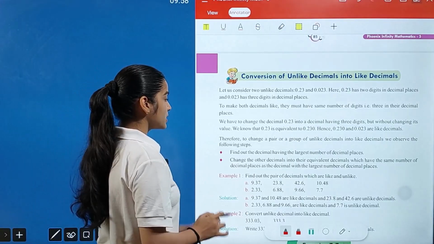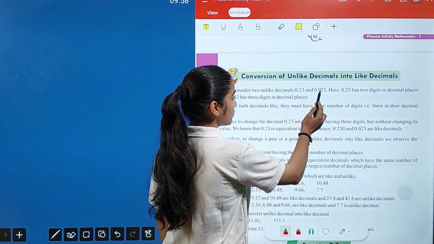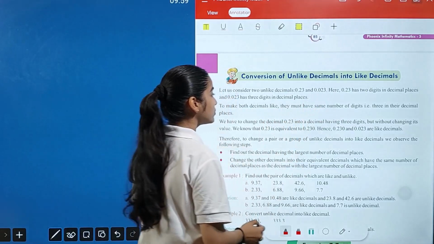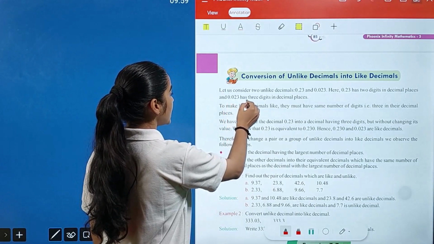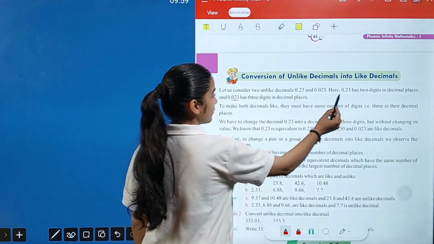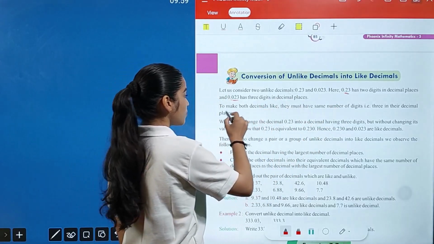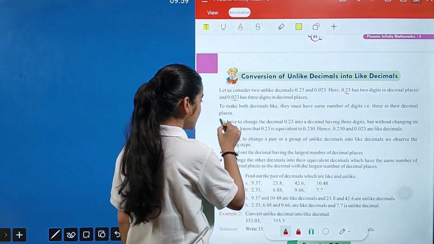This is very easy. Let us consider two unlike decimals, 0.23 and 0.023. Here 0.23 has 2 digits in the decimal places and 0.023 has 3 digits in the decimal places. So here we have 3 and here we have only 2. To make both decimals like, they must have the same number of digits, 3, in their decimal places.